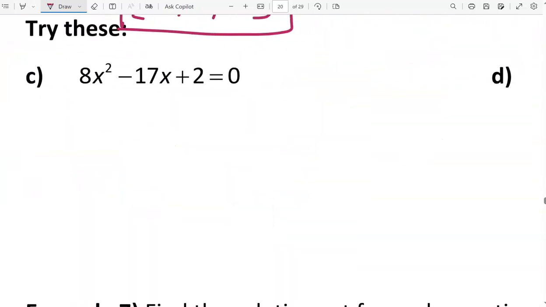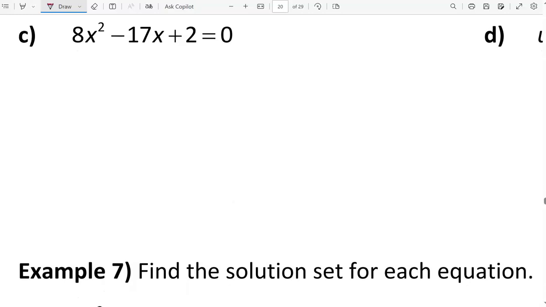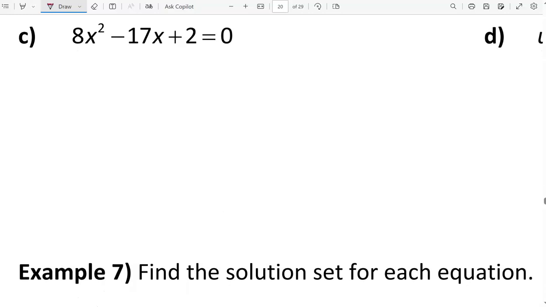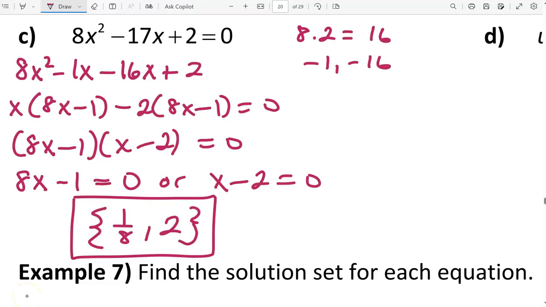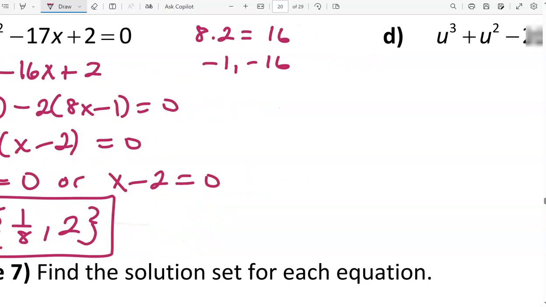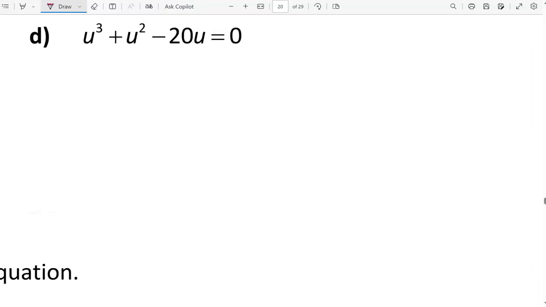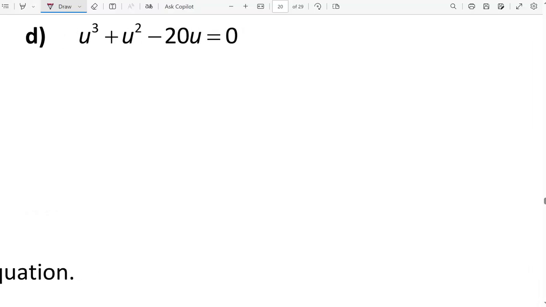Moving to C, try this one on your own, and let's pause the video while you do this. This equation should give two solutions of +1/8 and +2. Let's move on to D and try this one on your own and pause the video while you try this.